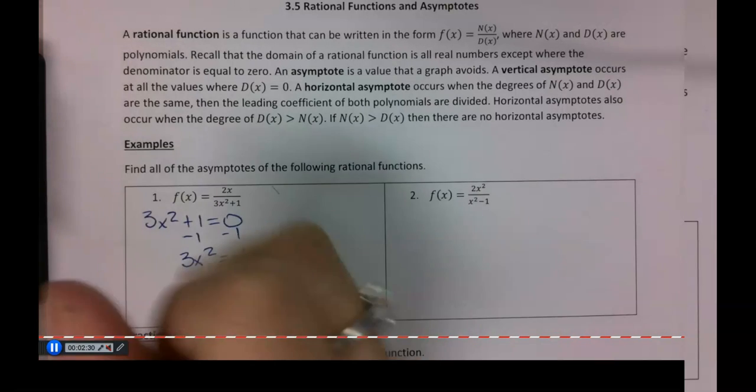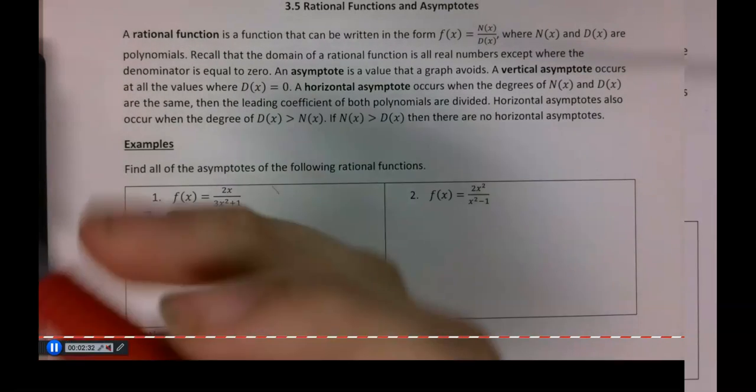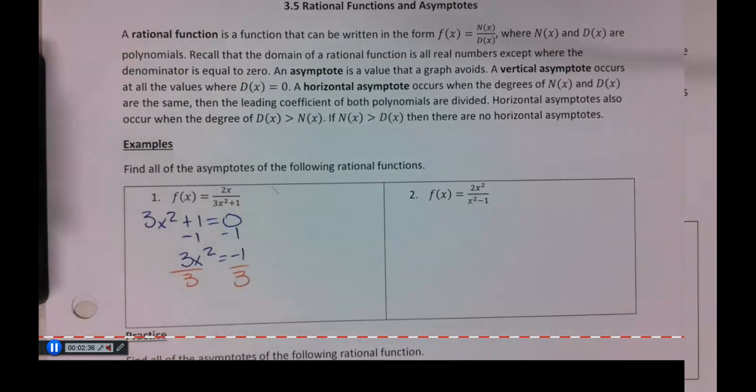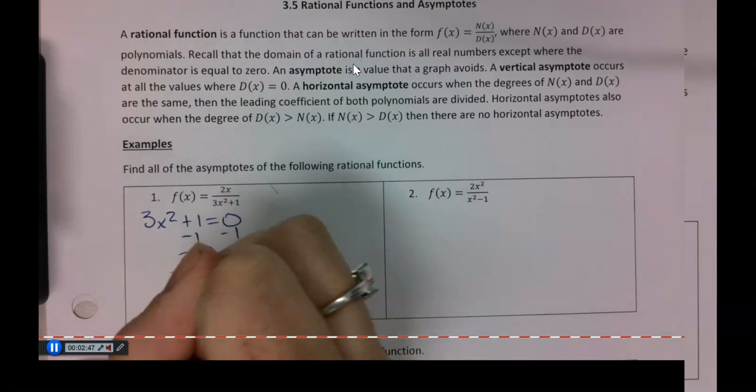Then I want to divide both sides by 3. So then I get x squared equals negative 1/3.